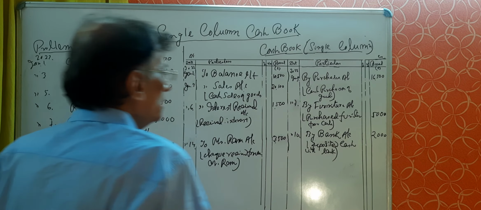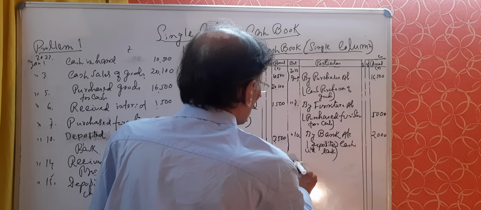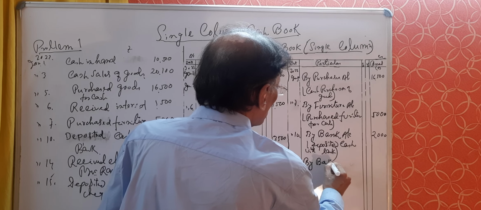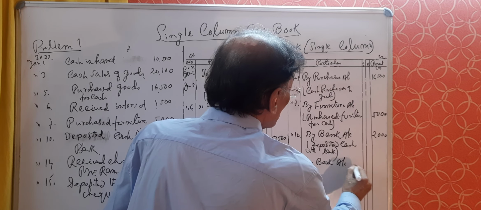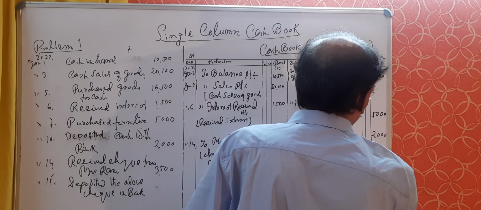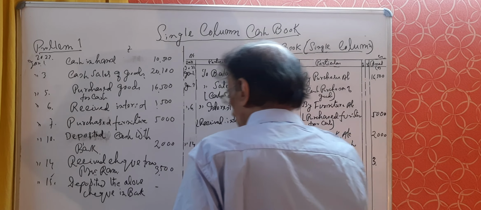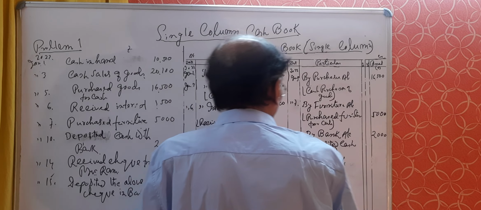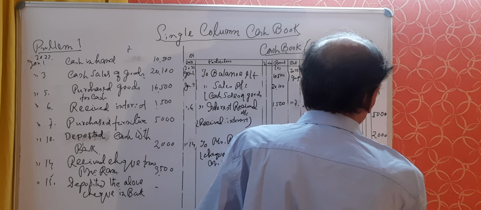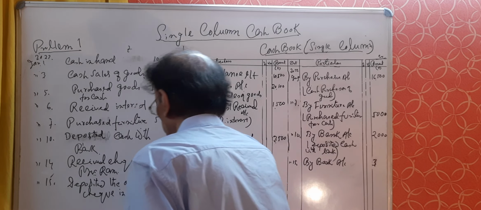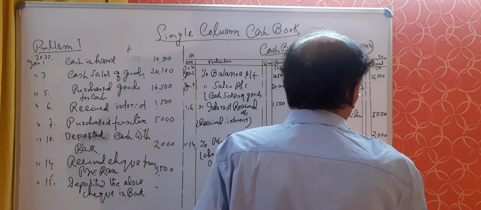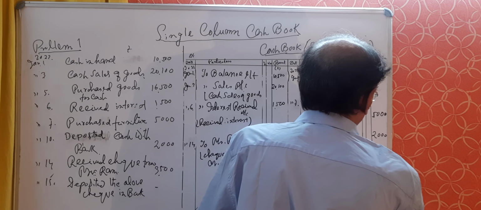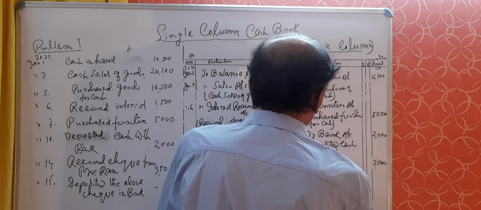On 15th January, we should go to the credit side and write by bank account 3,500. Narration.